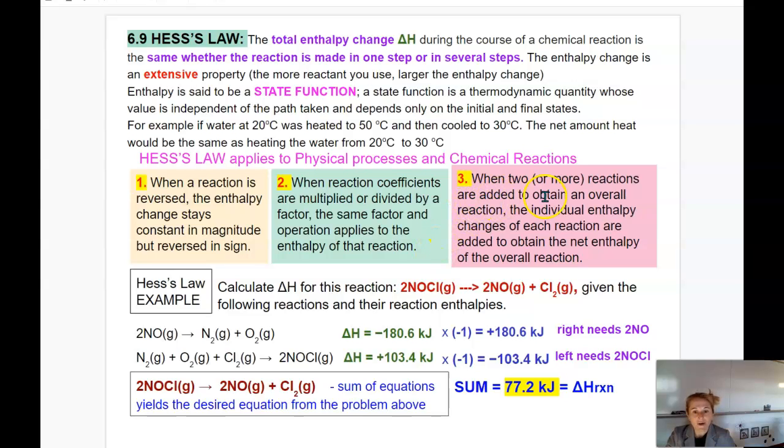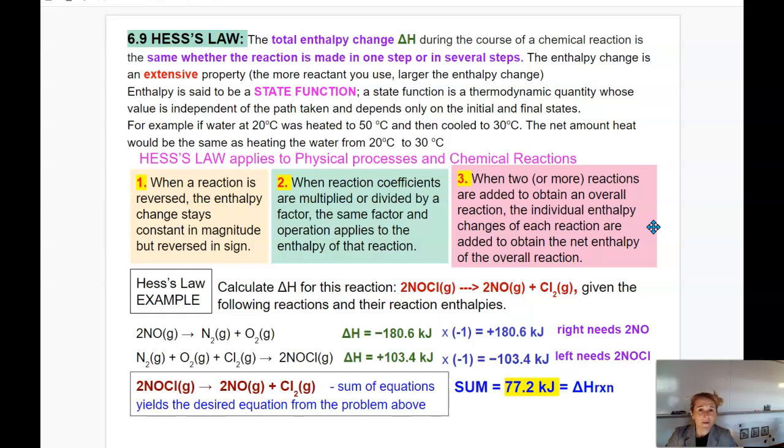Number 3, when 2 or more reactions are added to obtain an overall reaction, the individual enthalpy changes of each reaction are added to obtain the net enthalpy of the overall reaction. So basically, if we have those steps that we're breaking the chemical reaction down into, our net reaction is going to have the net amount of energy.